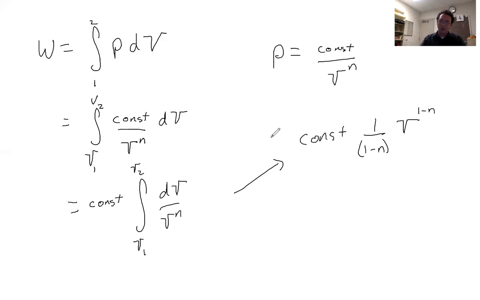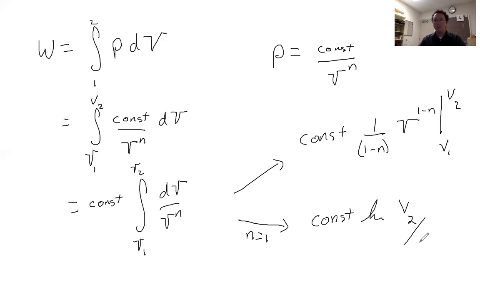Well, let's work backwards. What's the origin of that? When n equals 1, this wasn't really a power law kind of integral. It should be a logarithmic integral. So there's a special case. When n equals 1, we get the constant times the natural log of V. I should have been more careful: you have to evaluate that between V1 and V2, so it's going to be the natural log of V2 over V1.